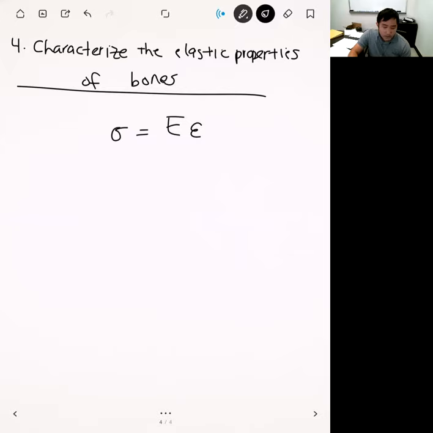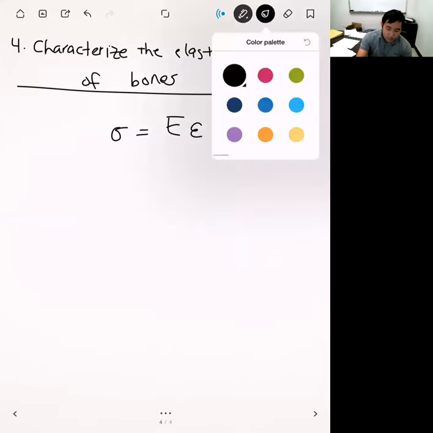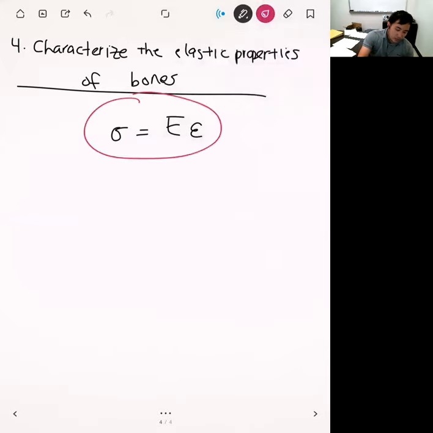Okay. But bone is a little bit more of a complex material, so we don't have this relationship. And the main reason behind that is that bones are much stronger in compression than they are in tension and shear. Okay.